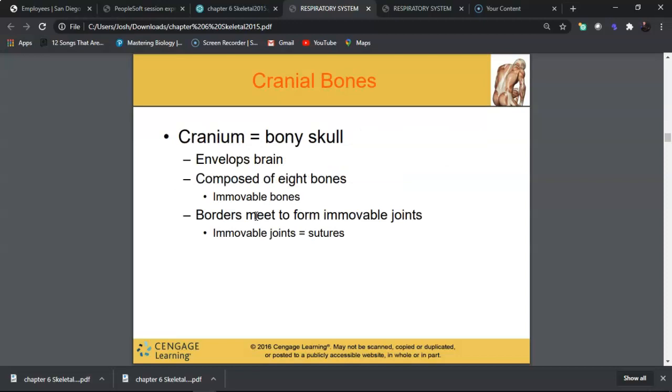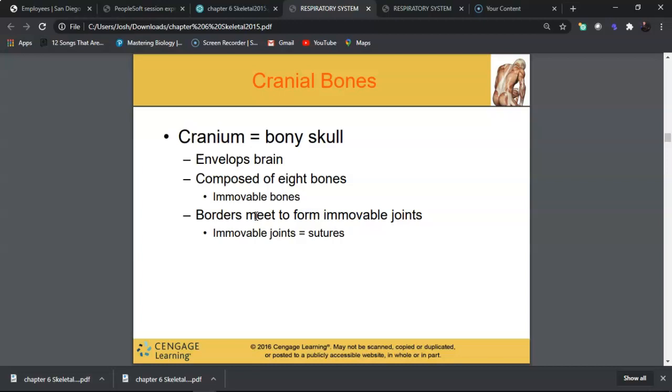Now we're going to kind of start breaking down some of the bones in the body. And so the first one will start at the top and move down. And so the first one we'll look at is cranium. And that's actually basically the bony skull. So the cranium envelops and covers and protects the brain. There are 8 bones that compose the cranium.